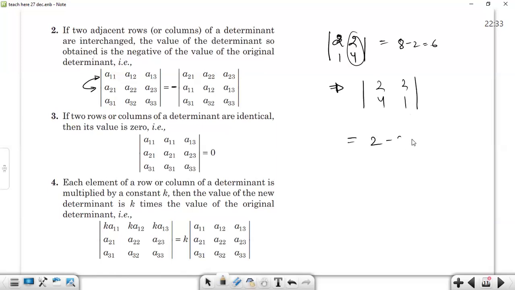This time it is 2 minus 8, which is minus 6. So see, there is a change in sign, right? This is what the property says, and it is applicable for the interchange of two adjacent rows, and it is the same with the interchange of two adjacent columns. Clear, everyone?